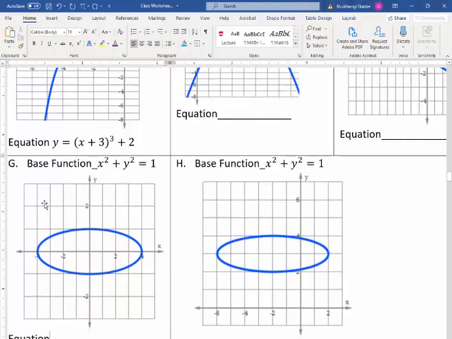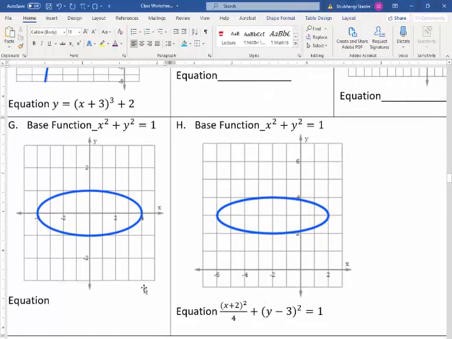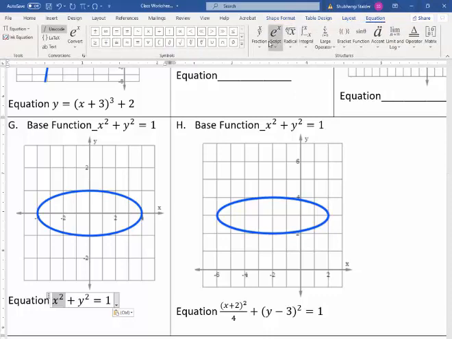It's this one here. No, we didn't do that one. Yeah, somebody else did though. Who did that? We did. Okay, can you tell me what, so there's your base function, and what did you do for this? X squared over 4 plus y squared equals 1.